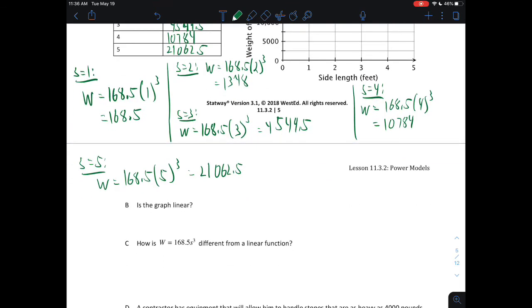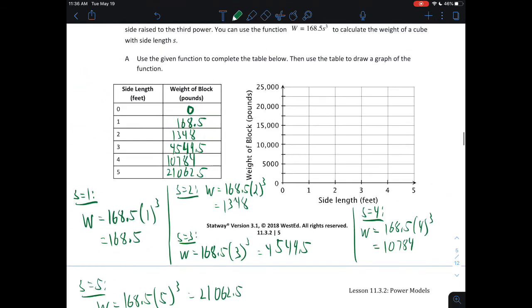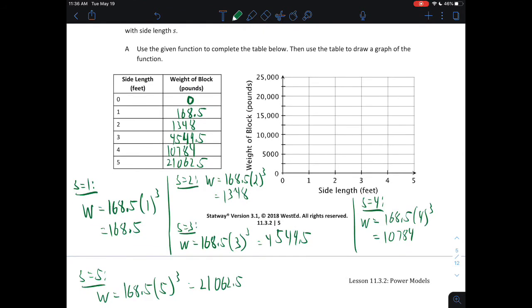And now before we go on to the next couple questions, let's plot the data that we got in our table. So when side length was 0, the weight was 0. That gives me a point at 0, 0 on my graph. Now when side length is 1, the weight was 168.5.